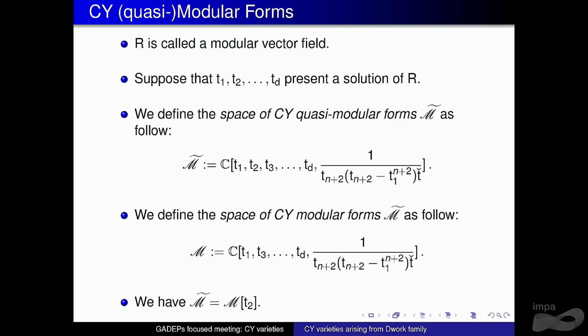But okay, you are telling maybe there are more quasi-modular forms among them, but by the properties that I verified and by the analogy that I constructed, for me, this one is the space of Calabi-Yau modular forms, and this one is the space of Calabi-Yau quasi-modular forms. And actually, we can see that M tilde is M of T2.